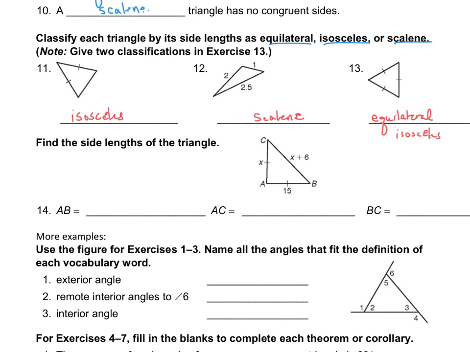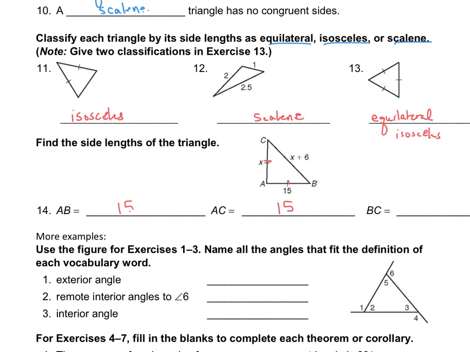Find the side lengths. A to B. Well, A to B is going to be 15. Okay, A to C. A to C is the same as A to B because of my congruent symbols, so that's 15 as well. Okay, and then B to C right here.